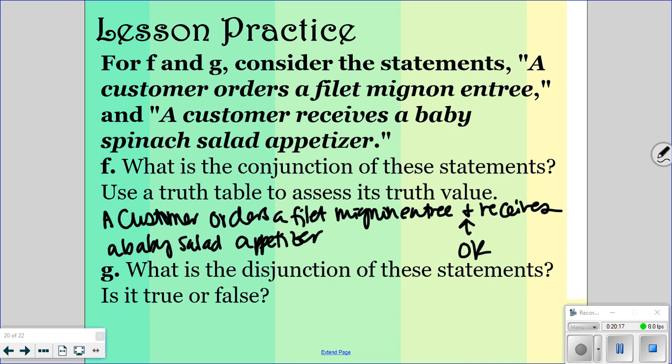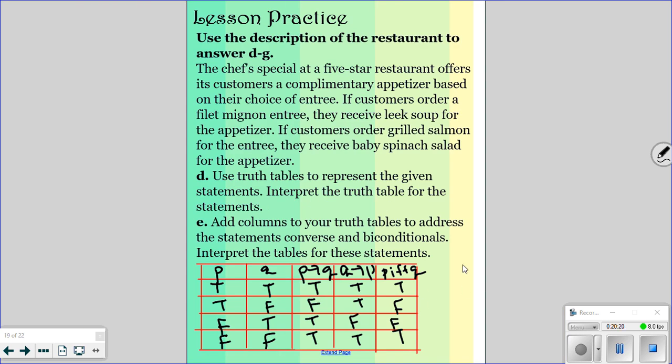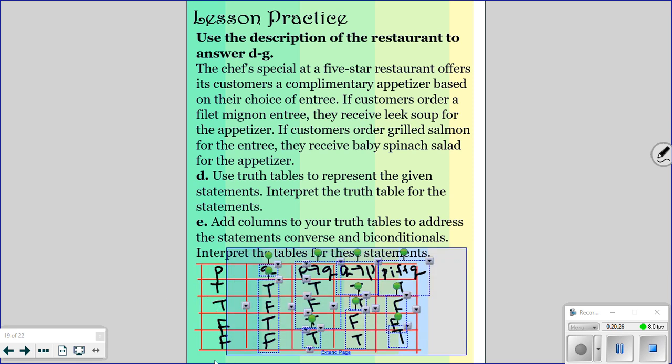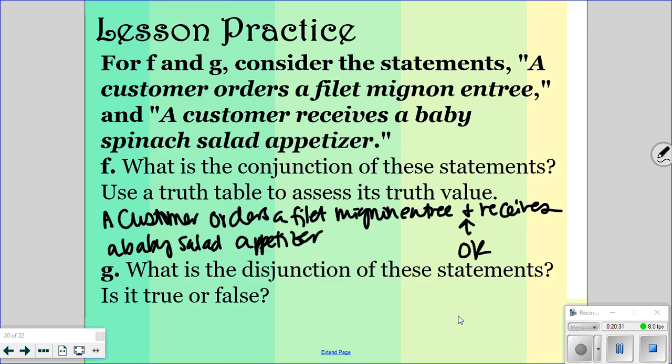So we're going to come back here and we're going to add to that truth table. So y'all can just continue it on your page. You don't have to draw the whole thing out again.